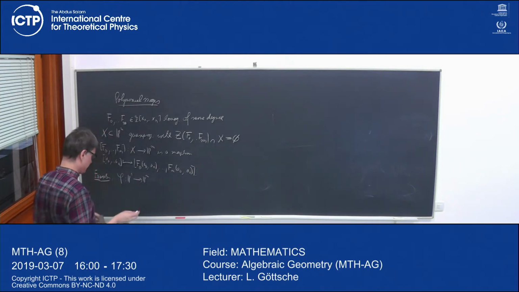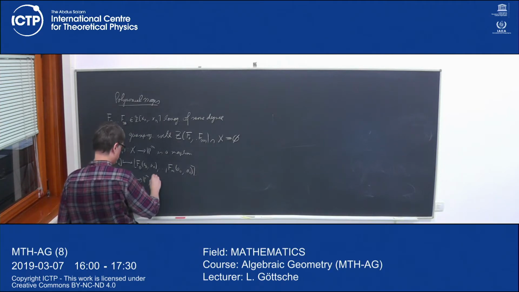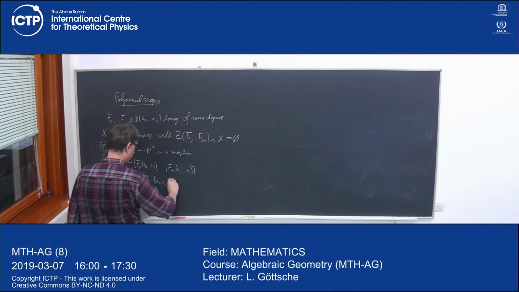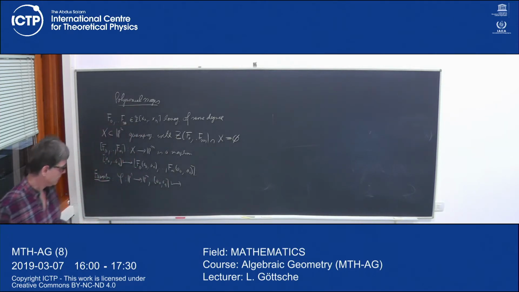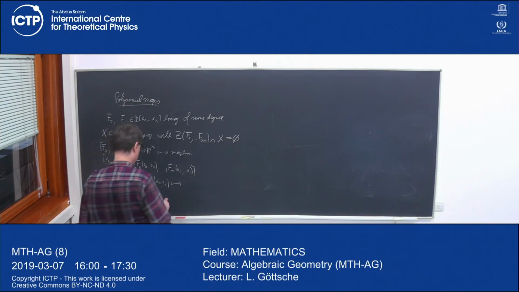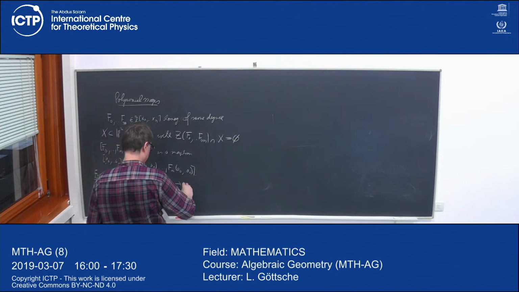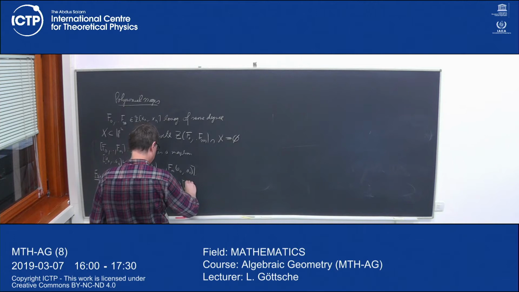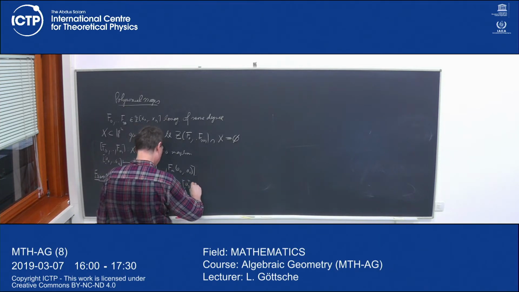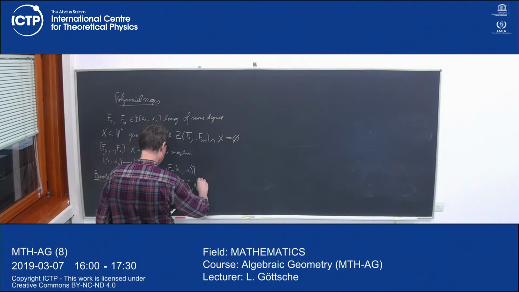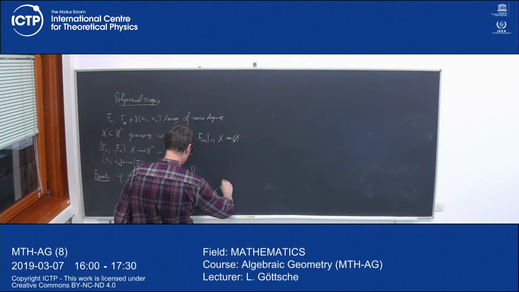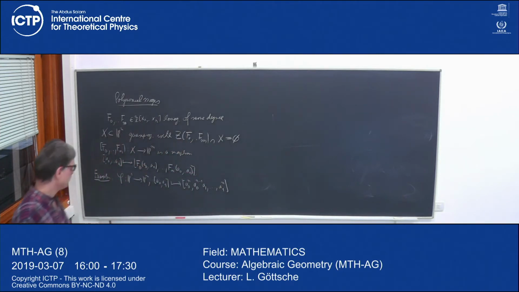which sends a point (e0, e1) to all monomials of degree n in e0 and e1. So this means e0^n, e0^(n-1) e1, and so on until e1^n.